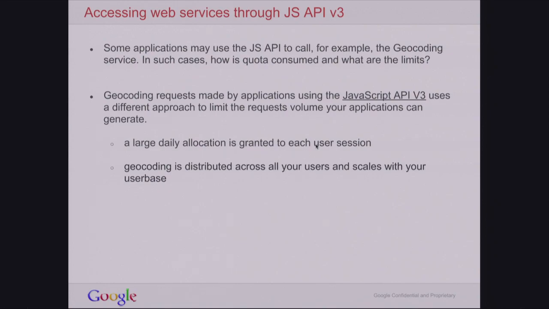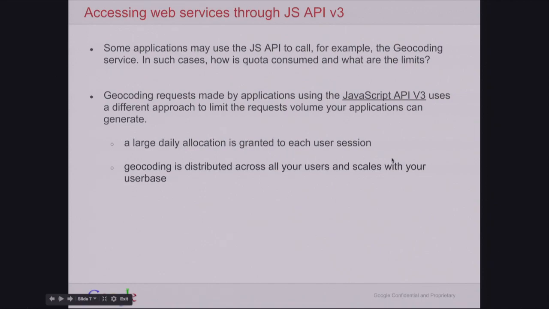Since you're using the JavaScript API geocoder class, you will be consuming one page view when you load the JavaScript API. However, it is important to take note that there is a large daily allocation granted on a per user session basis. So what that means is once you create the geocoder object within your JavaScript API application, you can send a lot of geocoding requests, which is not limited by some global limit, nor by the IP address.